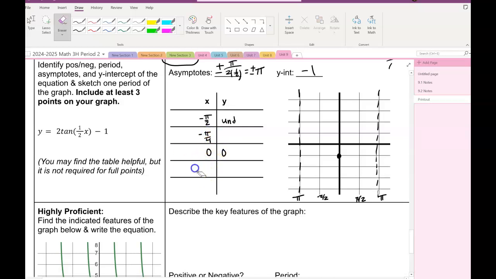Oh, this is positive pi fourths. This would be -1, 1, and positive pi halves, undefined. Okay, so for these, we would multiply by 2. And then on our x's, we are also multiplying by 2.